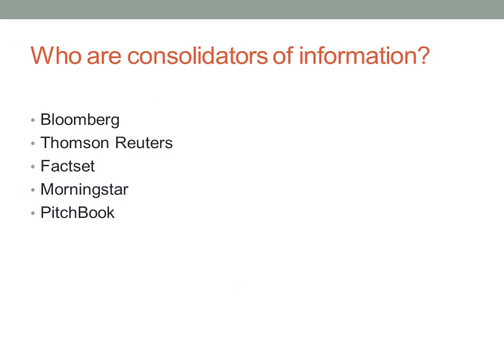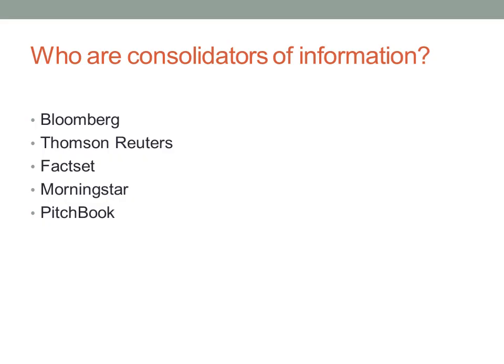Now we will understand who the consolidators of information are. Consolidators of information are companies or platforms that gather research reports, data, and news, and analyze them from multiple sources and provide them in a single organized place. Let me reconfirm it once again. Consolidators of information are companies or platforms.